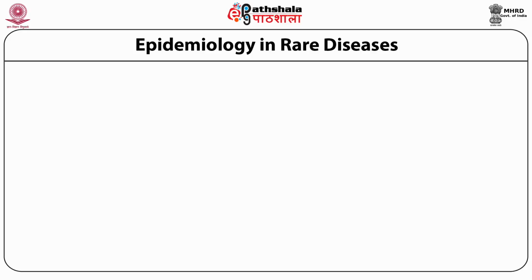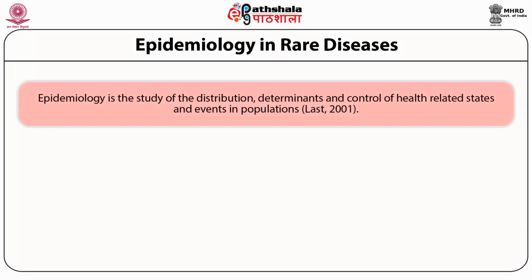Epidemiology in rare diseases. Epidemiology is the study of the distribution, determinants, and control of health-related states and events in a population. It attempts to identify the factors responsible for the development of disease and attempts to improve the health status and quality of life in the target population.